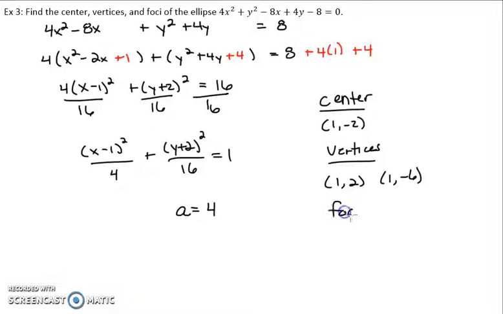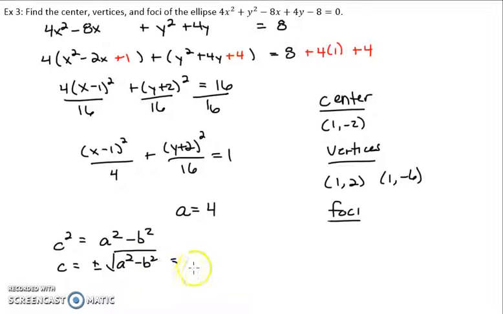And the foci are going to be c places away from the center. So remember that c squared is going to be equal to a squared minus b squared. So c is going to be equal to plus or minus the square root of a squared minus b squared.